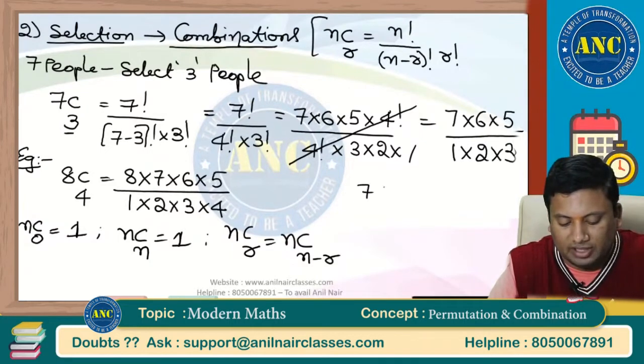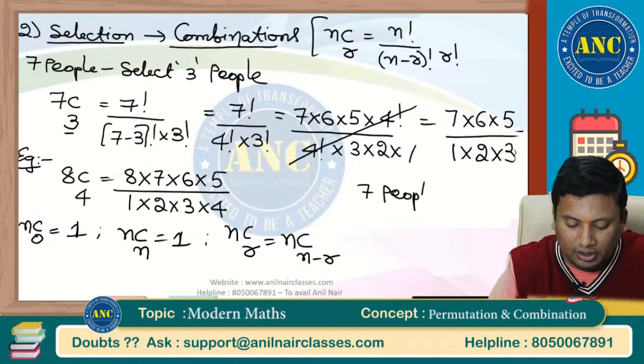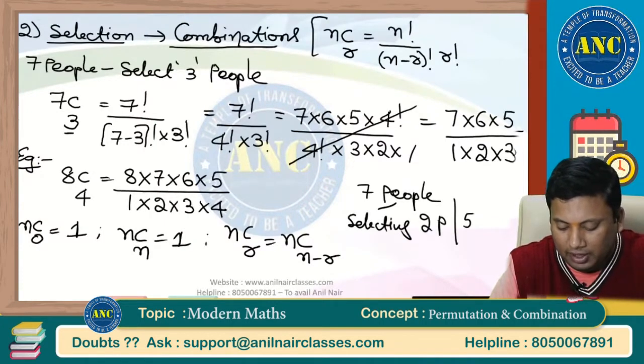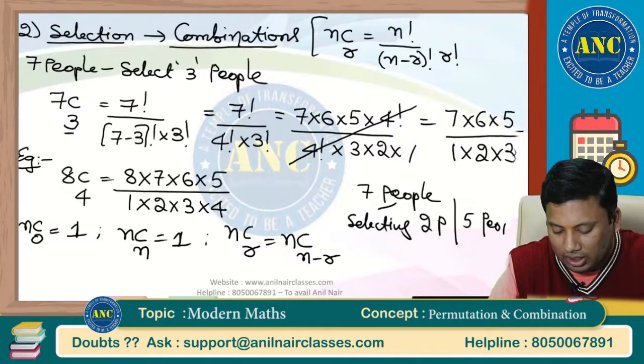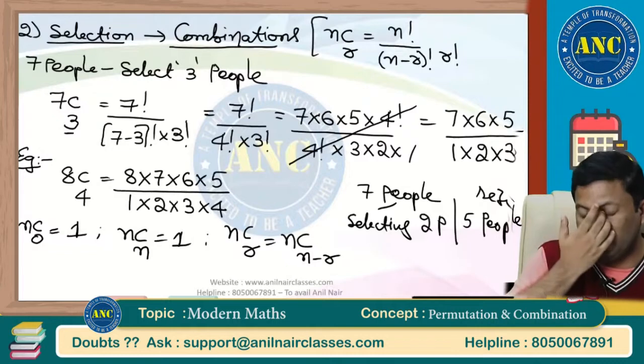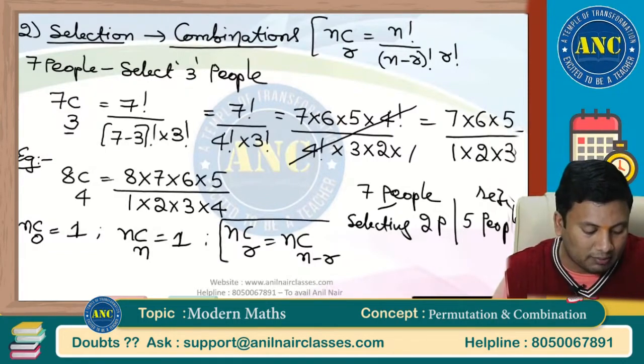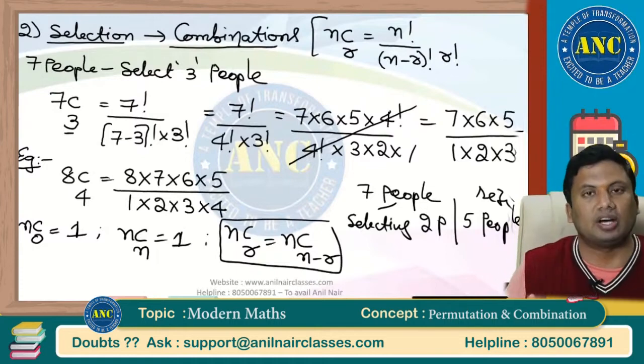Suppose out of 7 people, I am selecting 2 people, that means I am rejecting the remaining 5 people. Selecting 2 is also nothing but rejecting 5. So, selecting r is also nothing but rejecting n minus r.